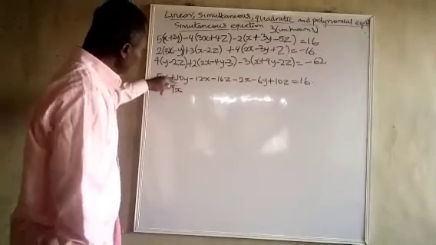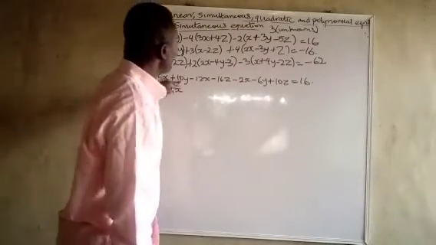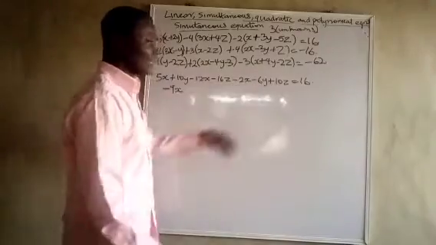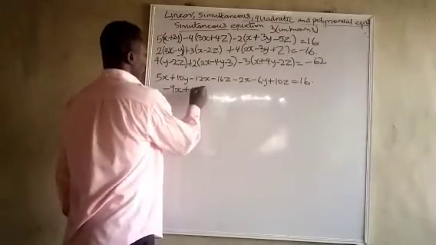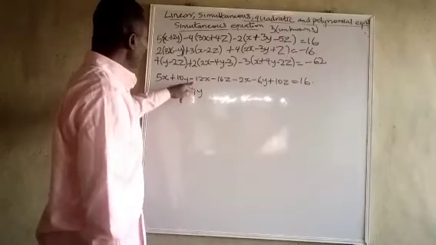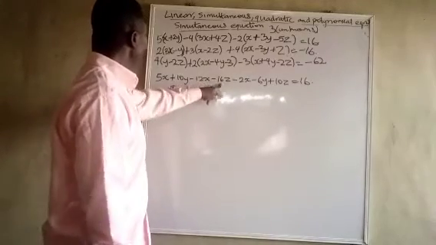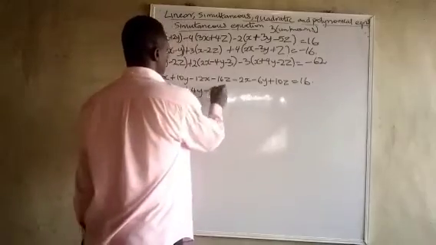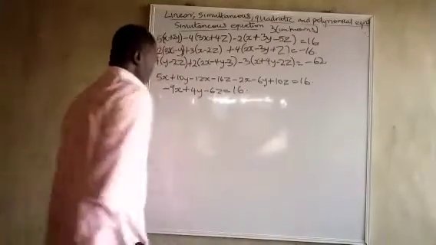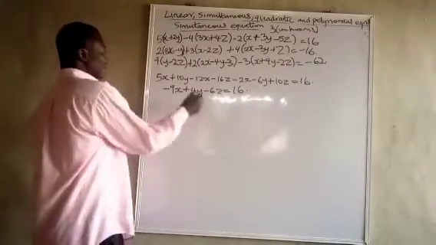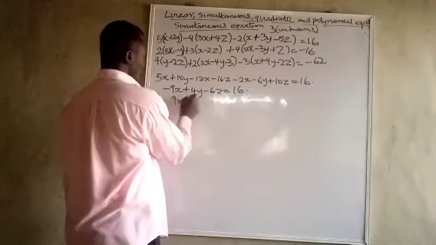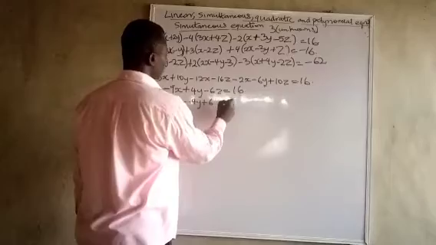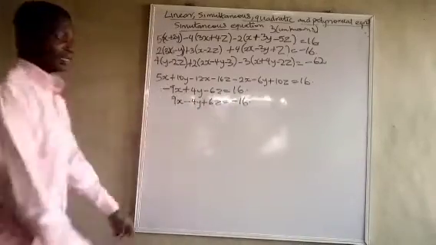Then 10y minus 6y gives me 4y. Now let's look at z. Minus 16z plus 10z is minus 6z, is equal to 16. So I can leave it like this, or I can turn it to be 9x minus 4y plus 6z is equal to minus 16, that is I multiply through by minus 1.